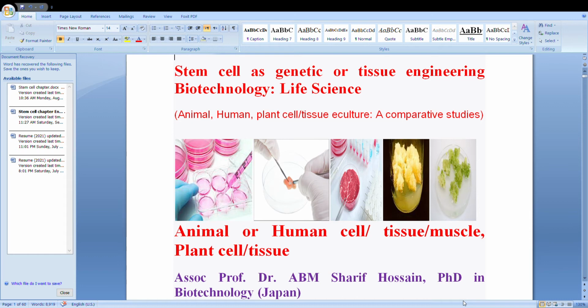So plant cells, human cells, animal cells, and microbes, cells or samples, sometimes it is necessary and correlated.